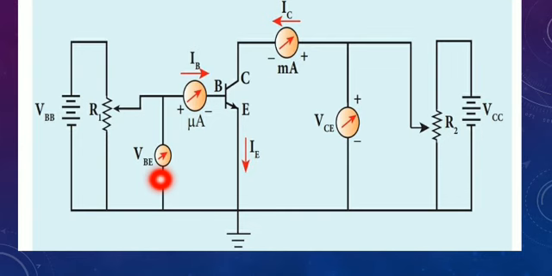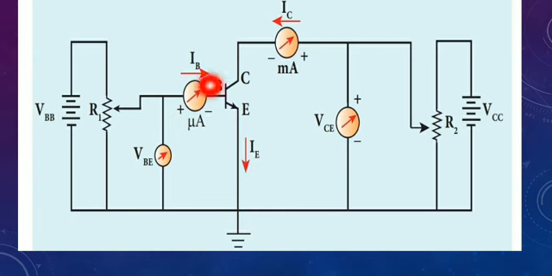This one measures the base emitter voltage. This ammeter measures the base current, this meter measures the collector current, and this one measures the collector emitter voltage. Due to the flow of electrons, the base current IB is created, IE is the emitter current, and IC is the collector current.